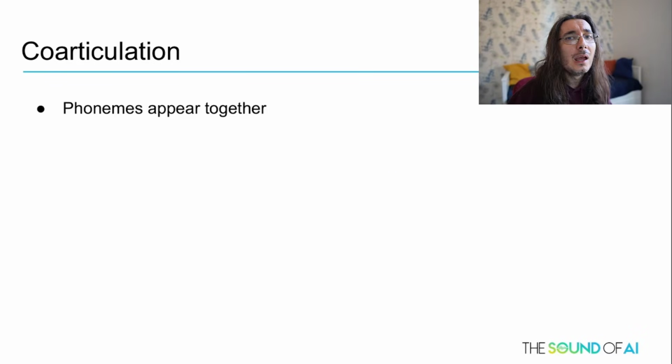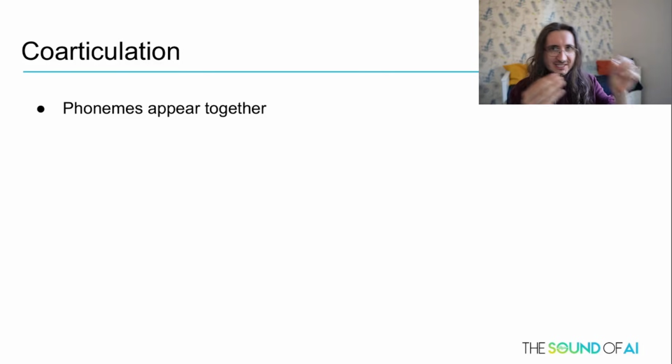Okay, but there are problems, and those problems go under the name of coarticulation. So phonemes don't appear in isolation. We don't speak with individual phonemes, but we stitch them together to create words, and we then stitch words together to create entire sentences.